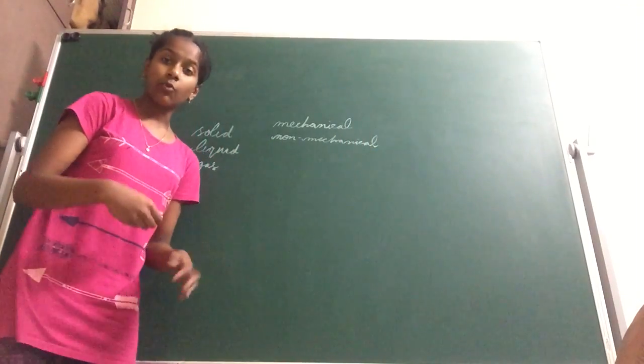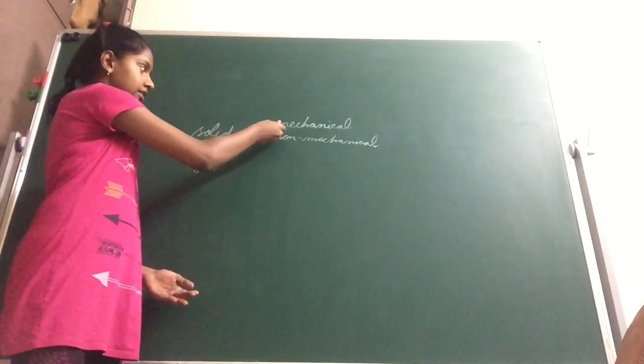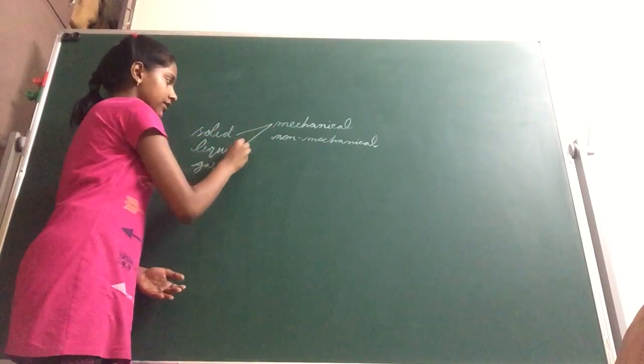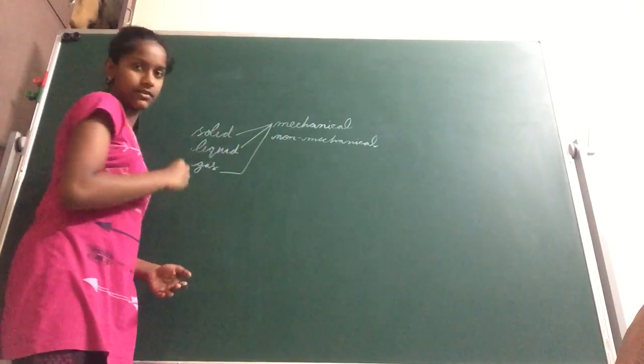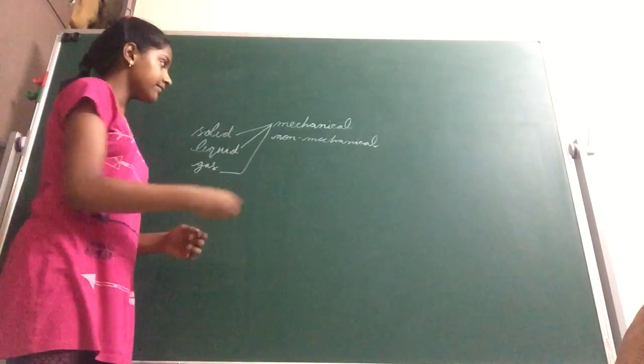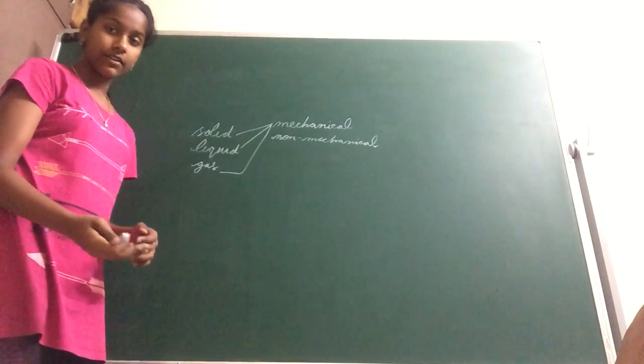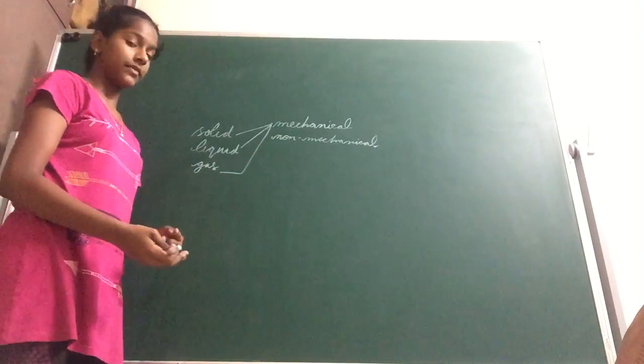So you may ask, what is the difference between these two? Mechanical waves need solid, liquid or gas for the waves to propagate. But non-mechanical waves do not need any material medium.